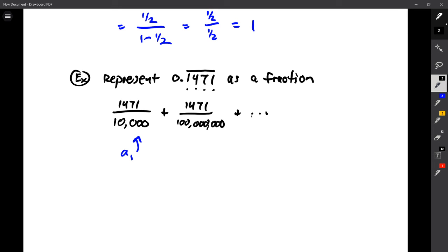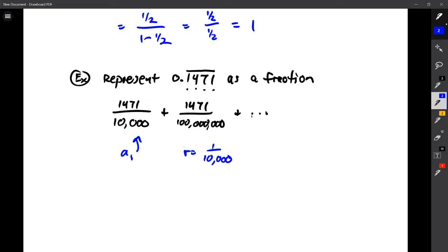All right, well, r is 1 over 10,000. Because we're repeating at 4 decimal increments, it's 1 over whatever the 4th decimal place is, the 10,000th place.